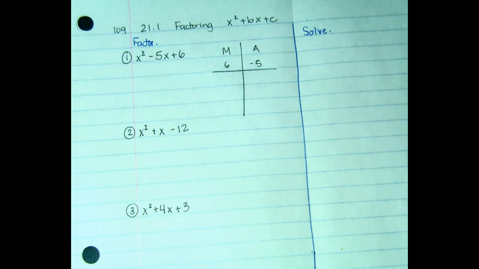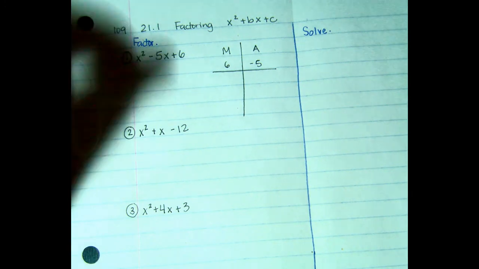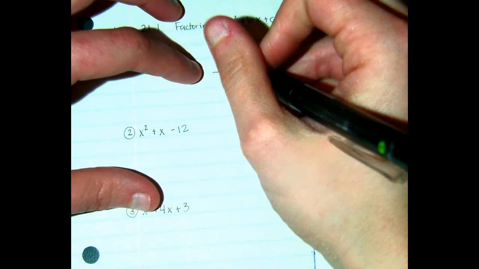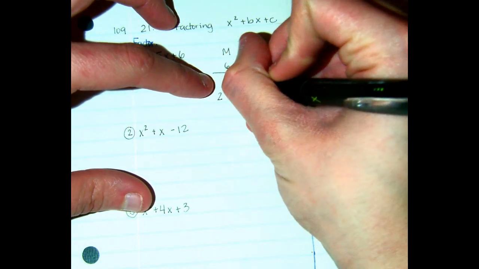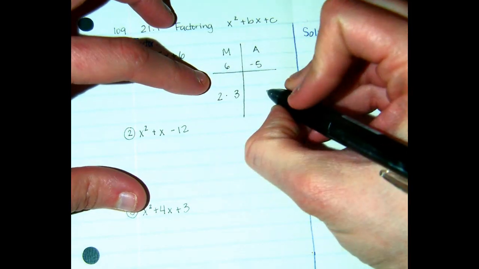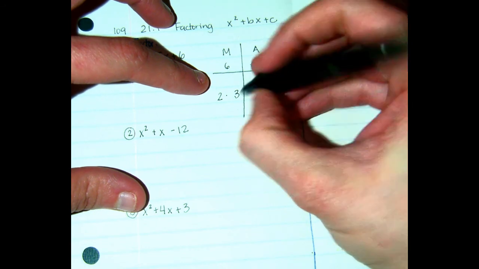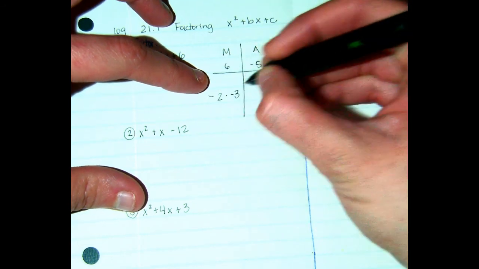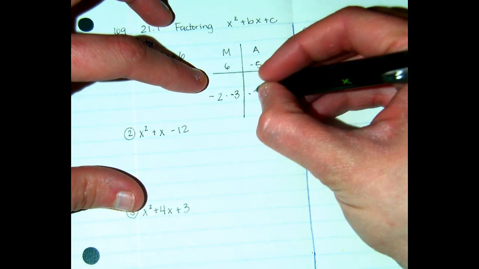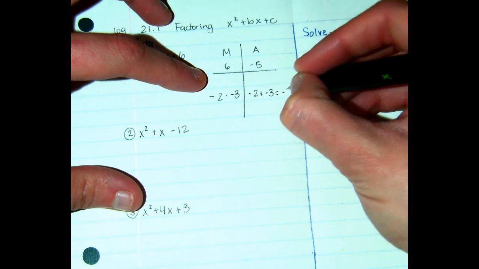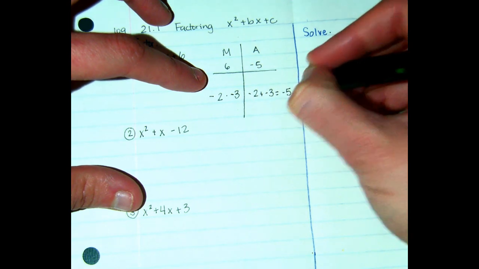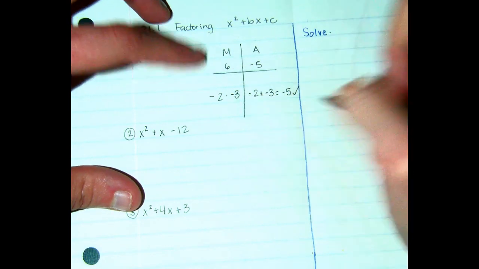What are some factors of 6? 2 and 3. Okay. 2 times 3 is 6, but is 2 plus 3 5? They're not negative. What is negative 2 plus negative 3? Negative 5. Is that what I needed? That means I needed negative numbers here.